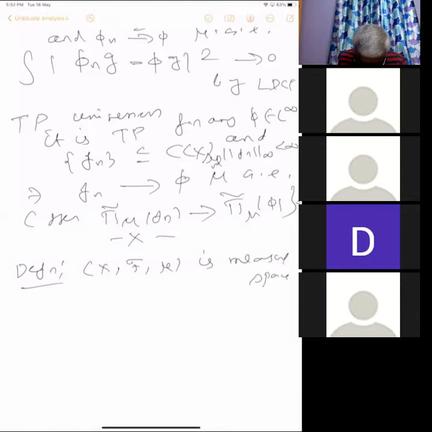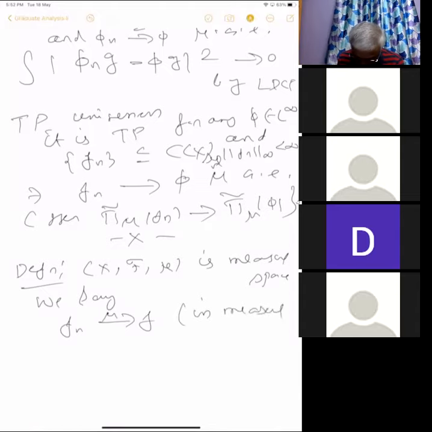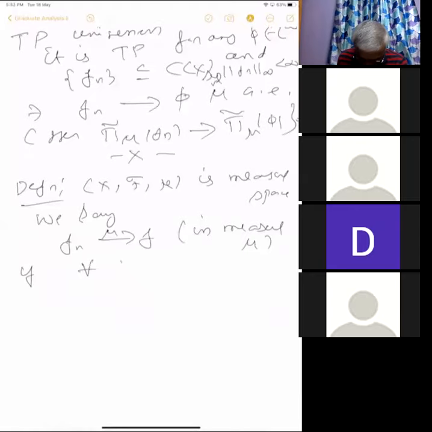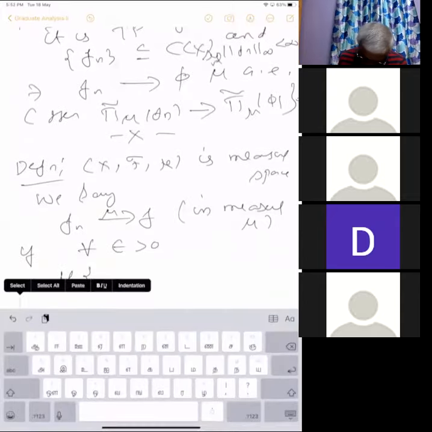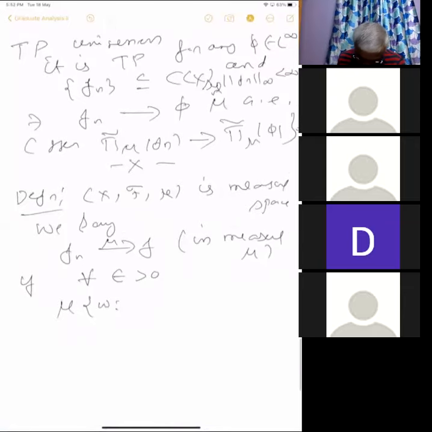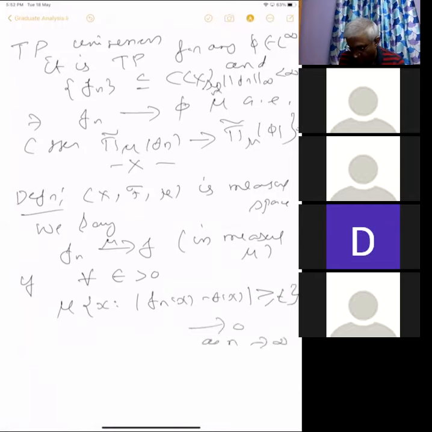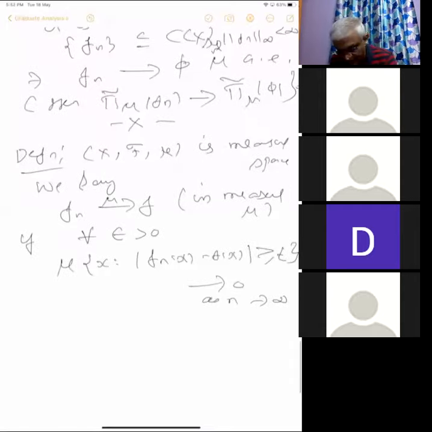Then we say F_n converges to F in measure mu if for all epsilon greater than 0, the measure of the set of all x such that |F_n(x) minus F(x)| is greater than or equal to epsilon goes to 0. This is what convergence in measure means.